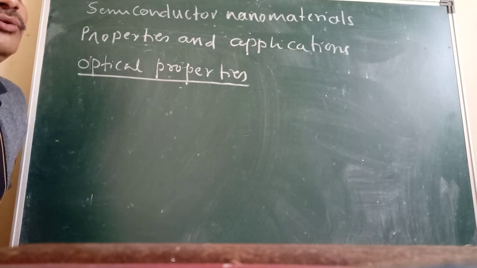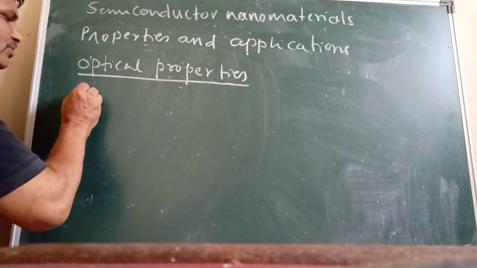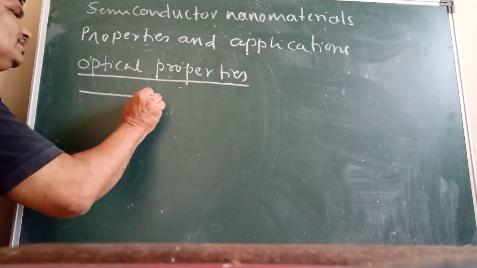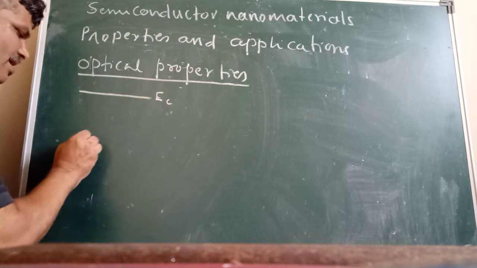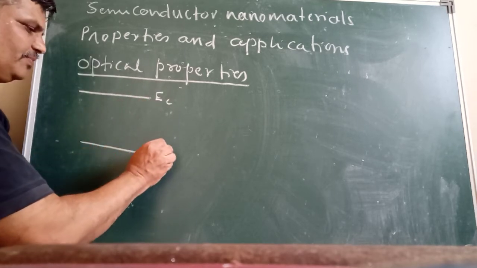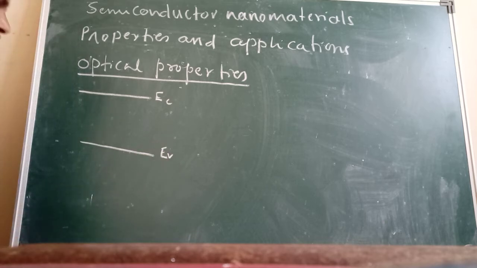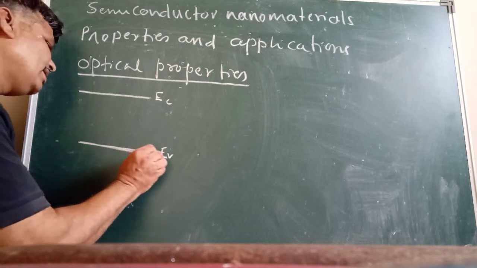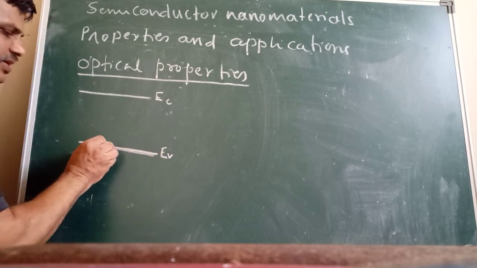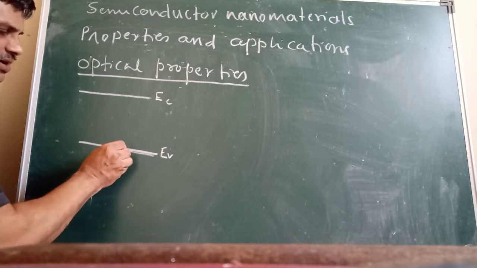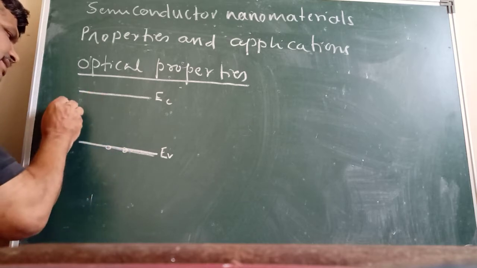So how do the optical properties vary here? Normally in a semiconductor, this is EC and this is EV, the valence band. At the lowest temperature the valence band is full and the conduction band is empty.